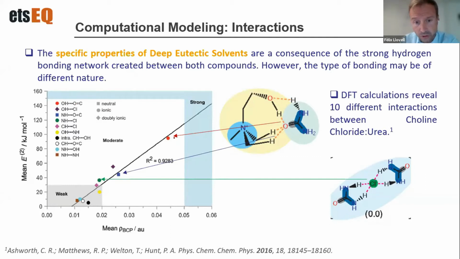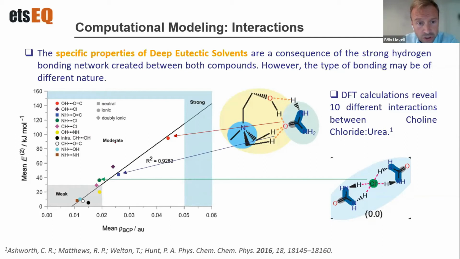This is the most important bond. We can also identify another one, which is still stronger than the one between urea and chloride. Here, we can see that the carbons accompanying the choline can also interact with this oxygen.